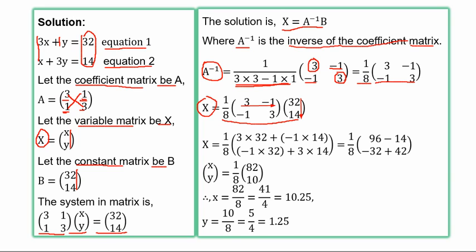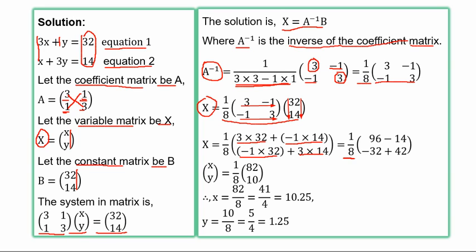When you are done, you take the second row, minus 1 and 3, to multiply the only column as well, and that is why you have 3 times 32 plus minus 1 times 14. That is the first row times the only column. The second row times the only column, you have minus 1 times 32 plus 3 times 14.